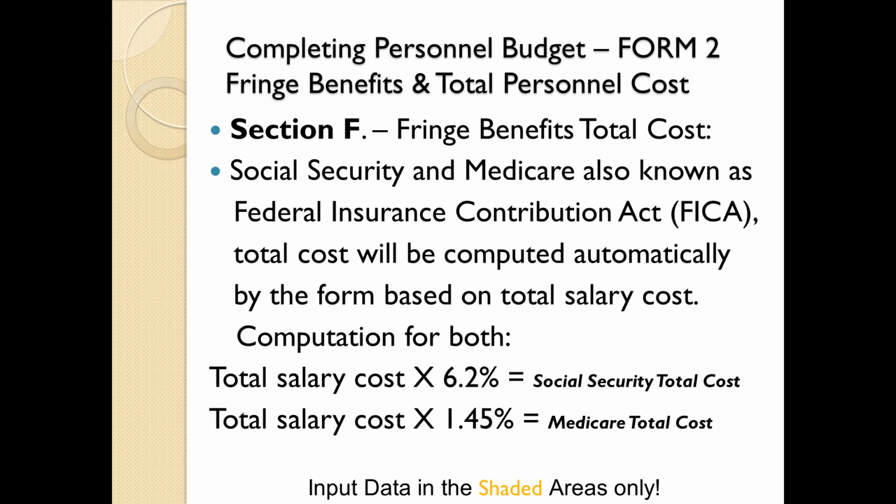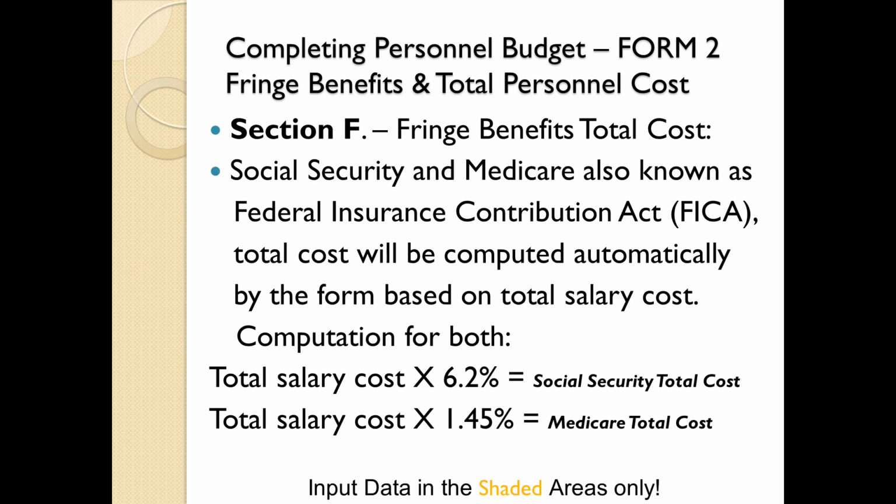The form is automatically going to show FICA cost. If for some reason your organization is not paying into the Federal Insurance Contributions Act, then you would have to just give me a call, let me know what's going on, and we can work that out with you. But at the bare minimum, the form is going to show FICA.